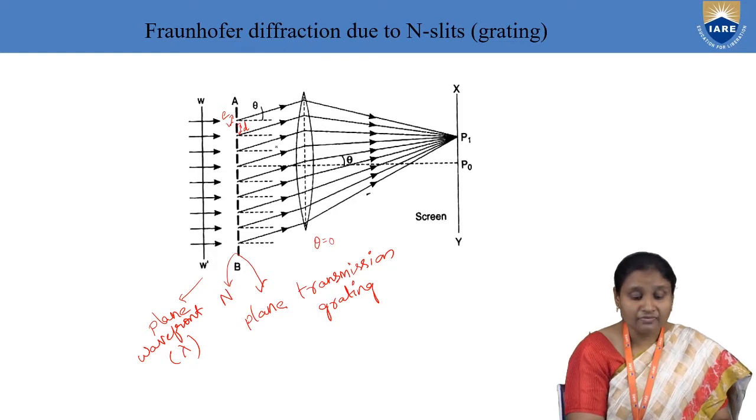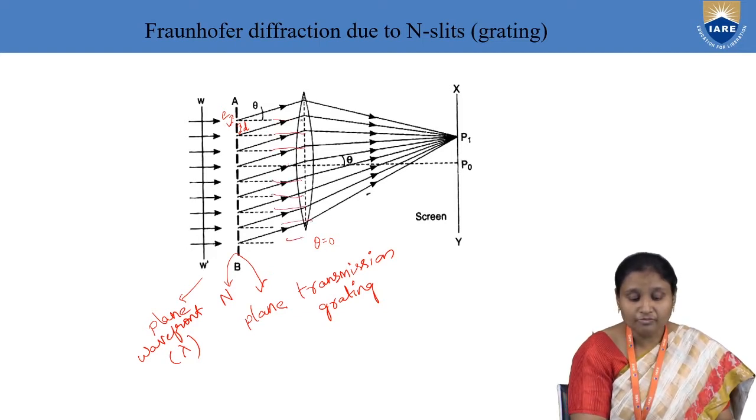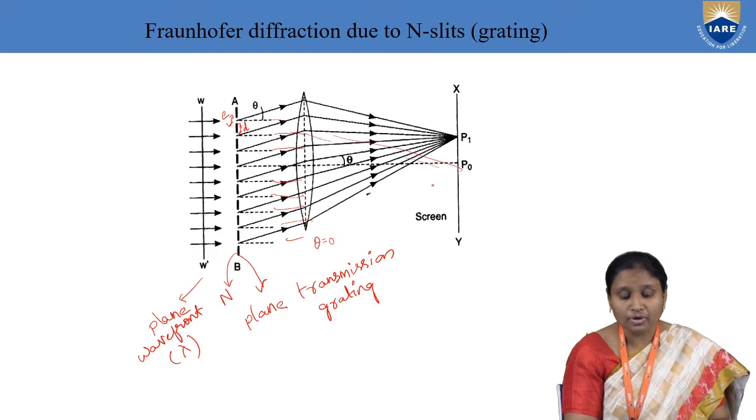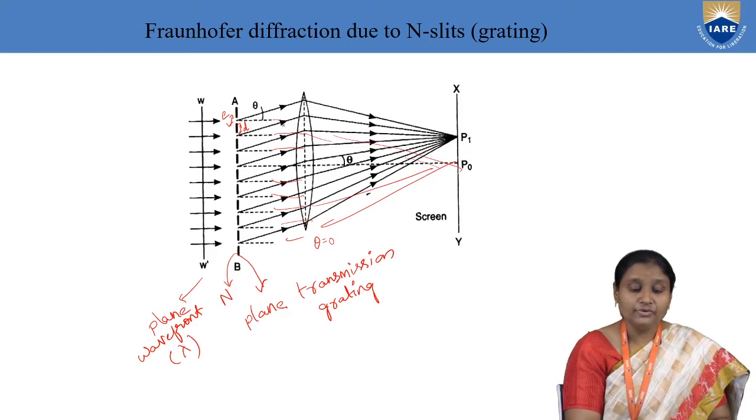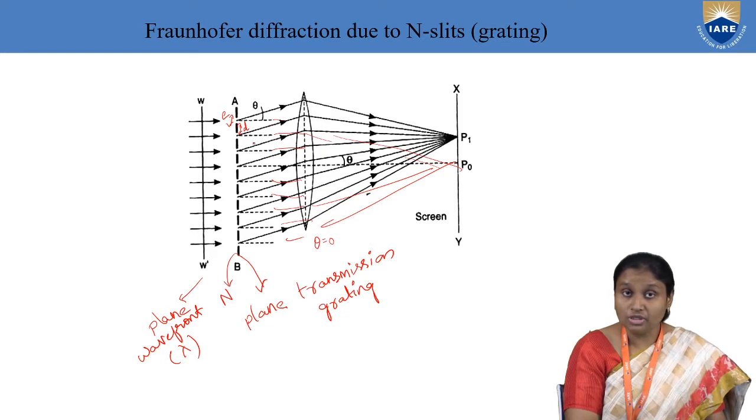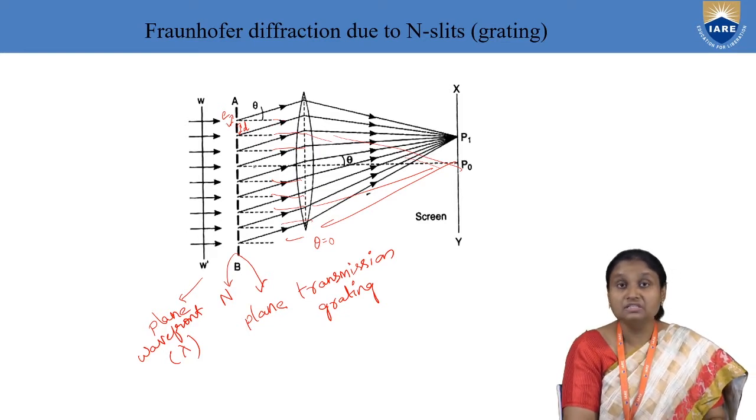All those secondary waves shown by these dotted lines, using this converging or convex lens, I am making them focus at one particular point. And what is that point? Point P0, which is the center of the screen. We know that the path difference between these secondary waves which are traveling exactly normal to the slit is 0.